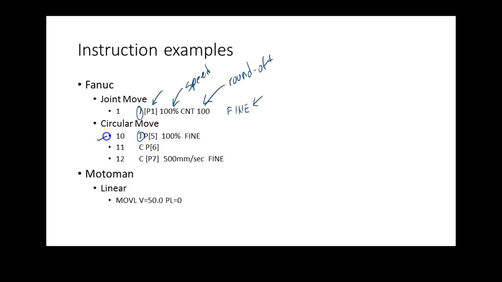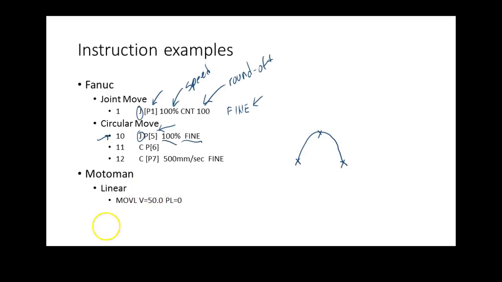So this is line number 1. This would be 0.5. We're going to move 100% fine. Does that make sense? And then when you say circular, you're going to have to teach 2 more points, because an arc requires 3 things. It requires a start, and it requires an end, and then it's got to have an intermediate.